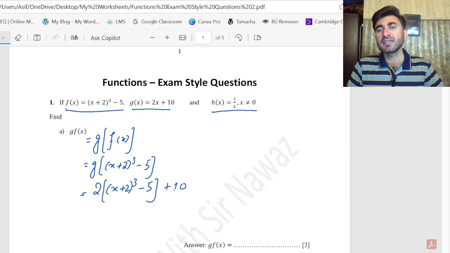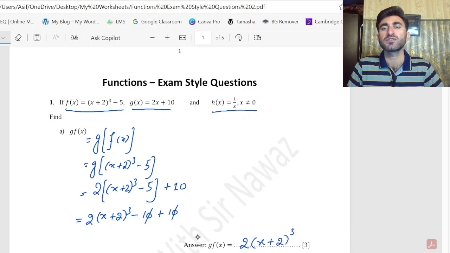Now we need to multiply 2 inside, so it will be 2 times (x plus 2) whole cube, and then 2 times minus 5 will become minus 10, and there is a plus 10 already here. Minus 10 and plus 10 will cancel each other, so it will be 2 times (x plus 2) whole cube. So that is the composition gf of x.